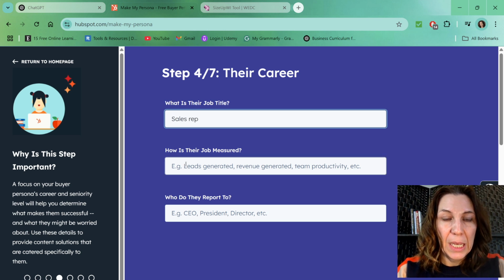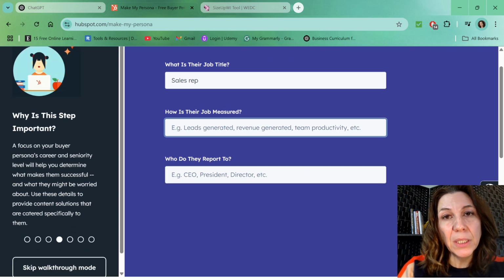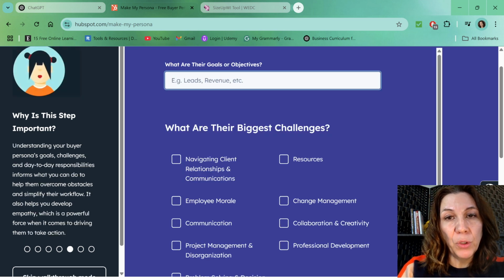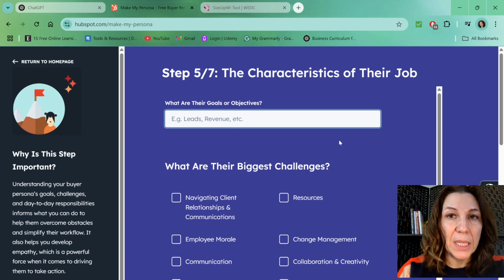Just how do they measure their job? You don't have to complete that. Who do they report to? Now, this is very prevalent, or you can utilize this if you are selling business to business. The characteristic of their job, what are their goals or objectives?